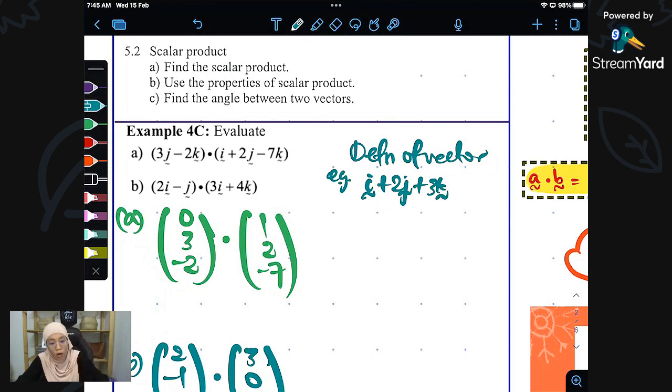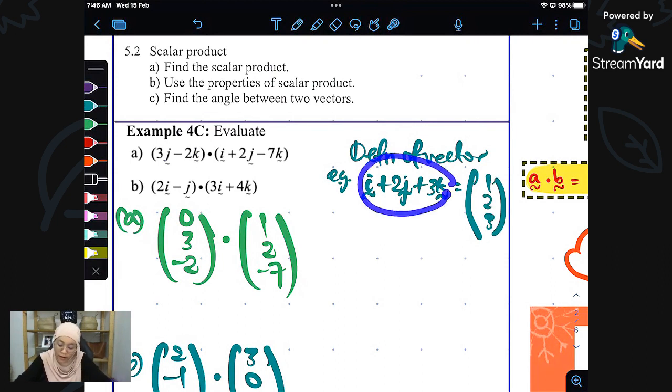This is actually one vector, and the way you write it down is 1, 2, 3. So all we have to do is change this 3j minus 2k into 0, 3, and negative 2.